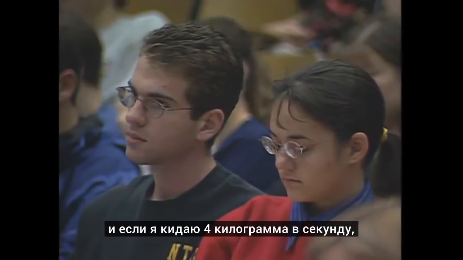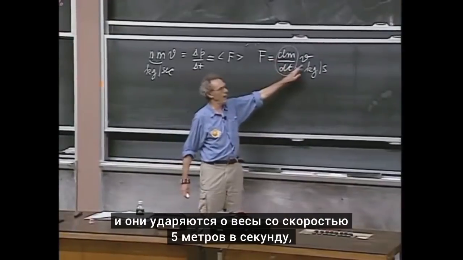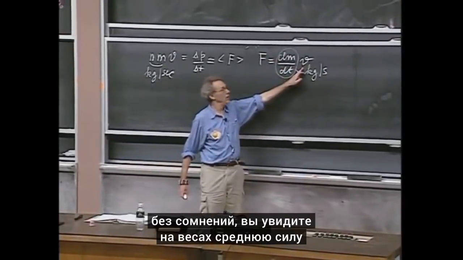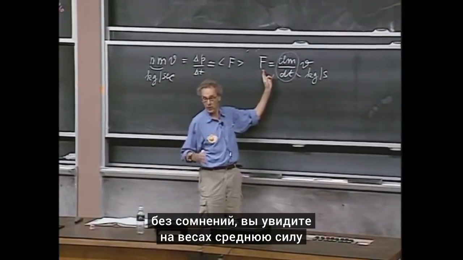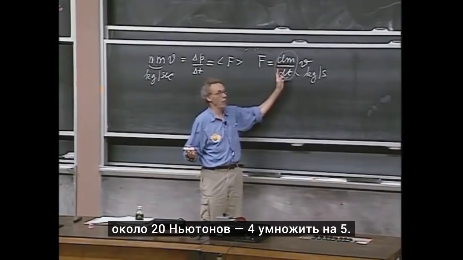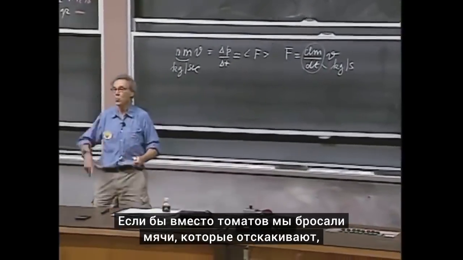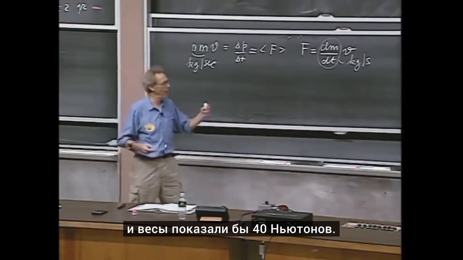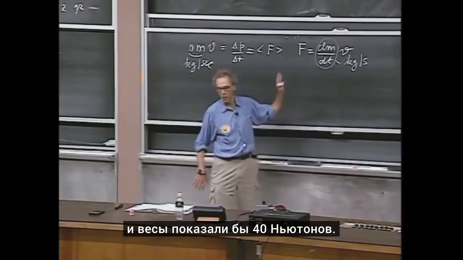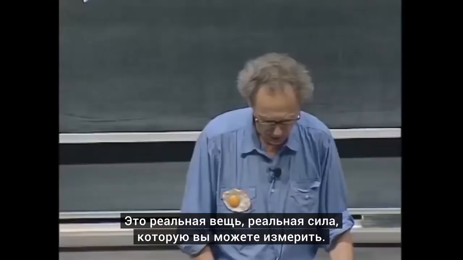And if I threw 4 kilograms per second on a bathroom scale, and they hit the bathroom scale with 5 meters per second, you better believe it that you will see that the bathroom scale will reach an average force of about 20 newtons, 4 times 5. If it weren't tomatoes, but if they were super balls which would bounce up, then the momentum change would be double, and so the bathroom scale would indicate 40 newtons. So this is a real thing. It's a real force that you can record.